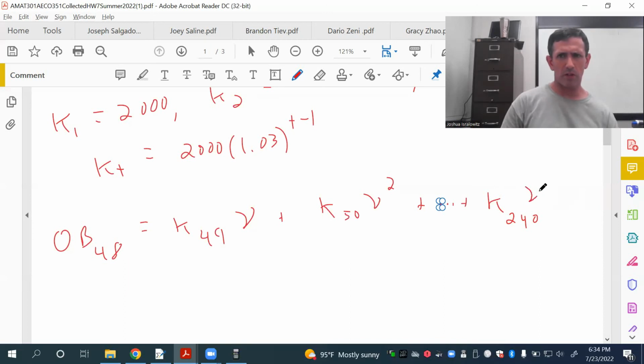Then I remember it's the Greek letter, but it's usually called v. v to the 240, which is n, minus t, which is 48.